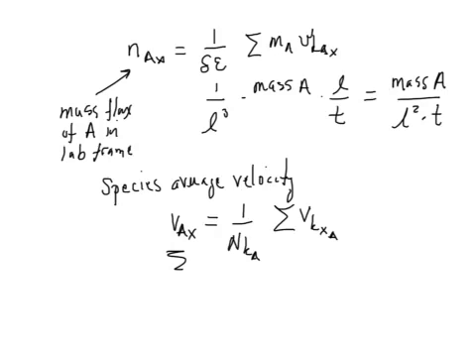Now we can use that species average velocity in our definition of the mass flux, because the mass of A in this definition is the mass of a molecule of A, and that's a constant and can be taken outside of the summation sign. So we can use then this definition to replace the remaining summation of those Ka molecules that we've recorded their velocities.